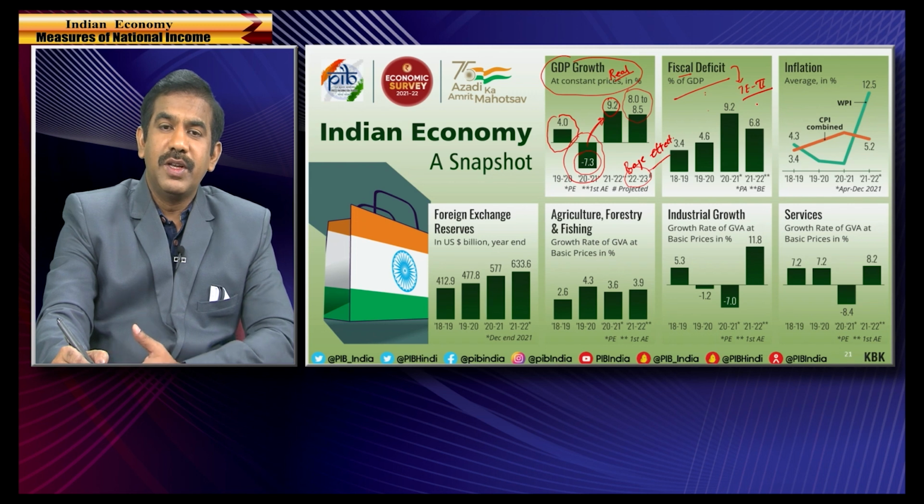If the government's expenditure is more than its total revenue or income, then the government is said to have a deficit. When you have a deficit, what is the simple thing you do? You borrow money. The amount of money you are expected to borrow in a financial year, expressed as a percent of GDP, is what we call the fiscal deficit.